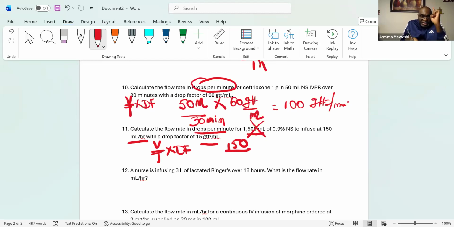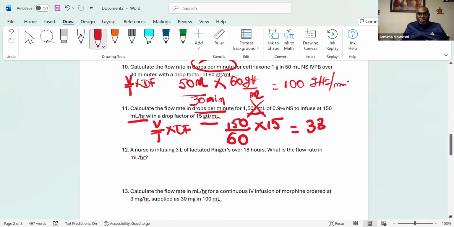See, per hour, it's 1 hour. We are going to convert that hour to minutes, which is 60, multiplied by 15. So I got 150 times 15. Then I divide that by 60. Then I got 37.5. You will round that, it becomes 38 drops per minute.